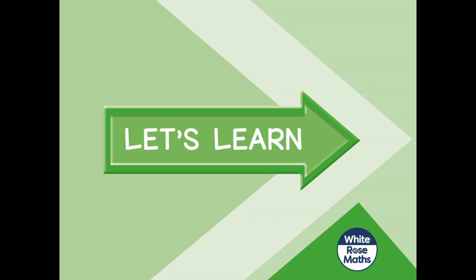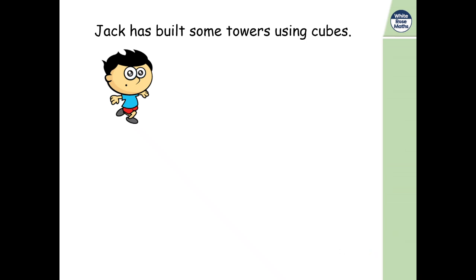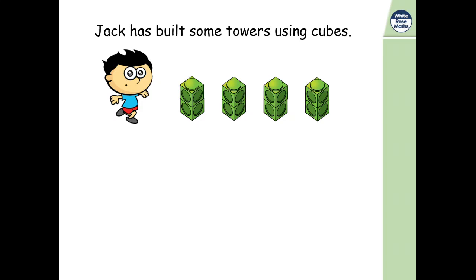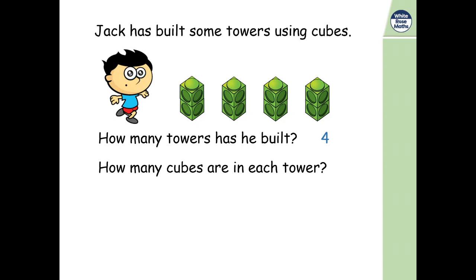But try your best. So Jack has built some towers using some cubes. Okay, so it's the 2 times table, so we're going to have towers of 2. How many towers are there? 1, 2, 3, 4. So we've got 4 towers. How many cubes in each tower? We've already answered that question.